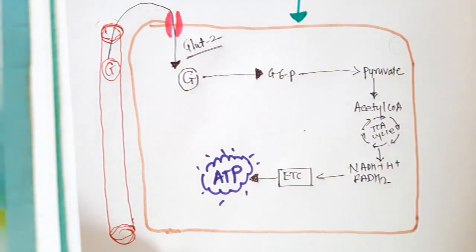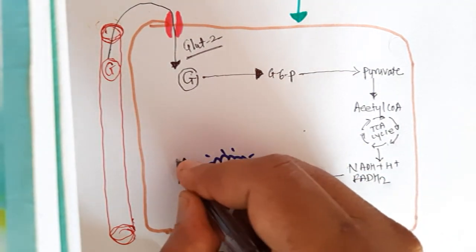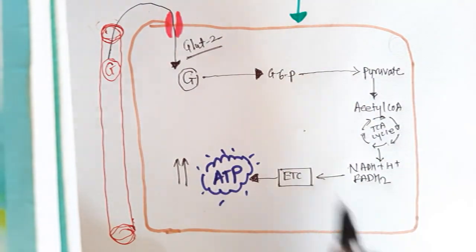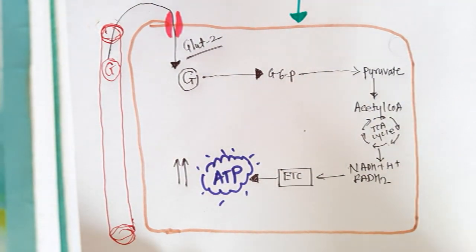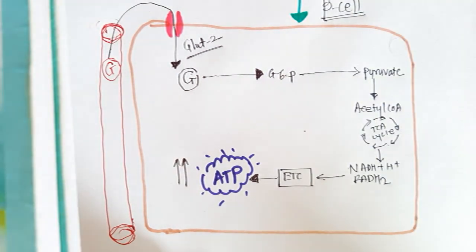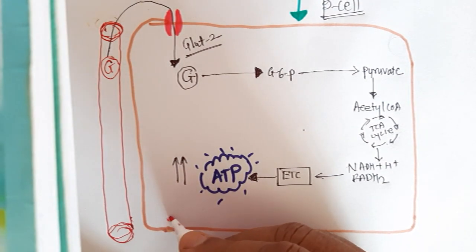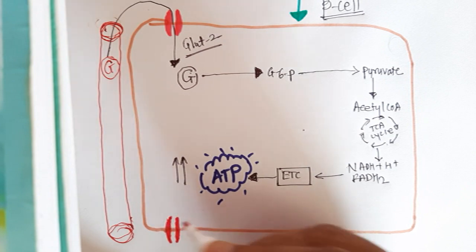Now the ATP level increases in the beta cells of pancreas. What will happen? It will act on one particular receptor present on the surface of the membrane.